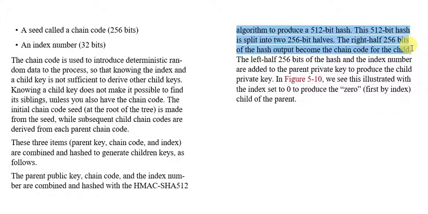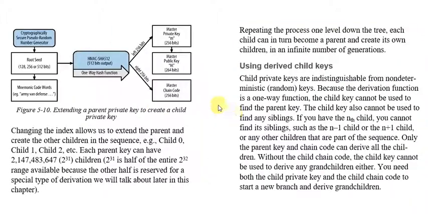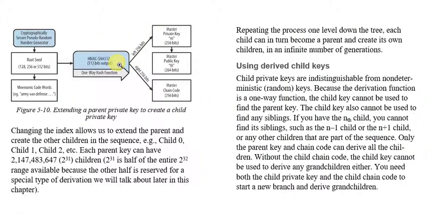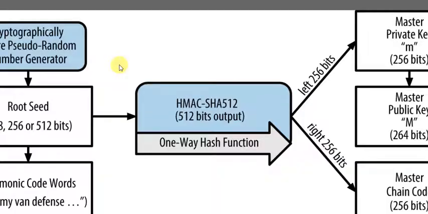The left half, 256 bits of the hash, and the index number are added to the parent private key to produce the child private key. In Figure 5-10, we see this illustrated with the index set to 0 to produce the 0 index, first child of the parent. Figure 5-10. Extending a parent private key to create a child private key.